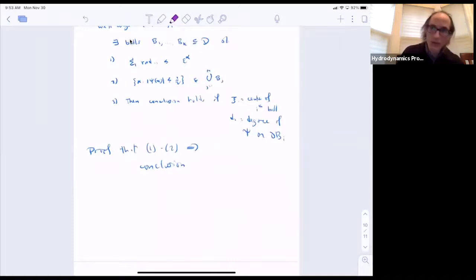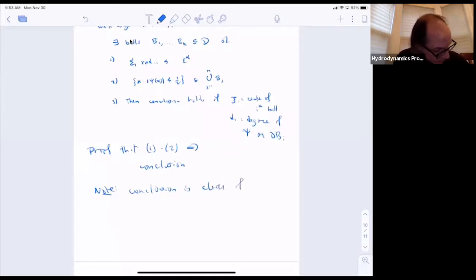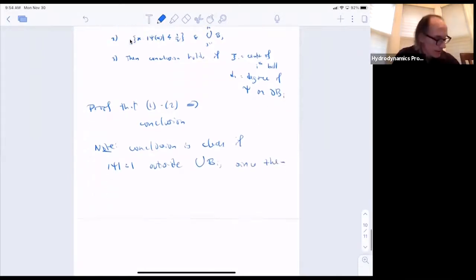So I don't know if I have time for this, but I'll start. Well, okay, let's put it this way. If I could replace, so the conclusion is clear. Note, the conclusion is clear if psi has modulus 1 outside the union of the balls, since then what happens?